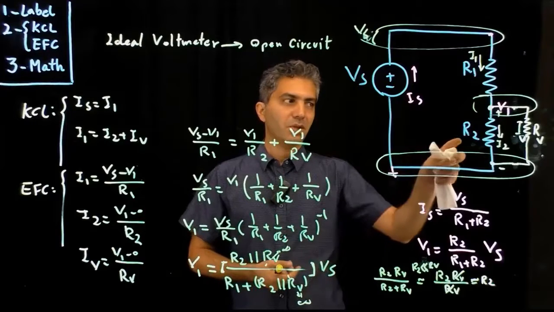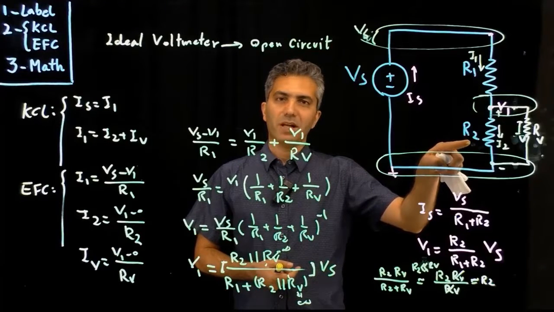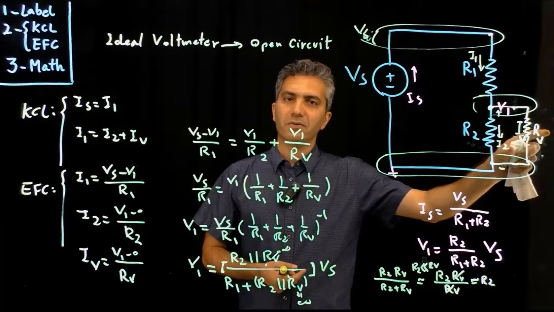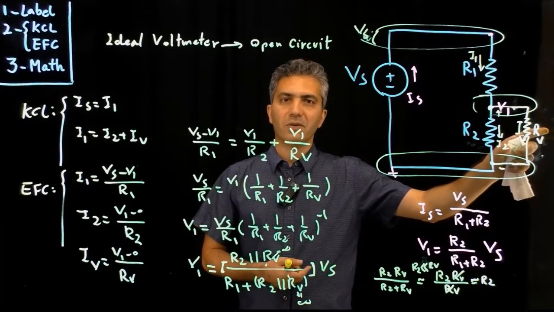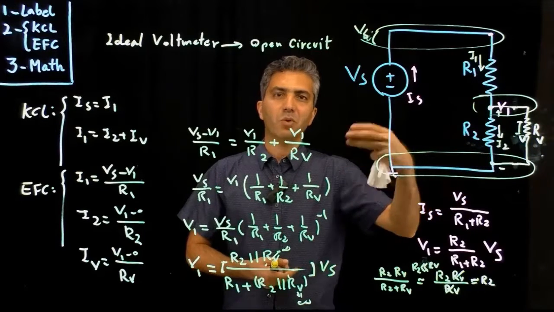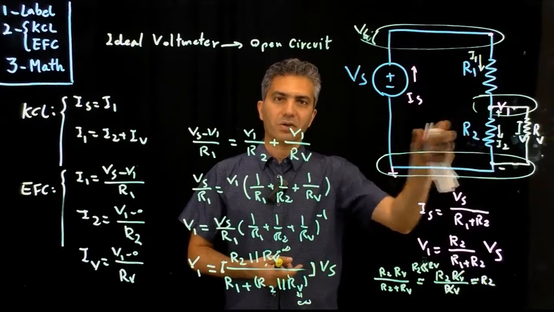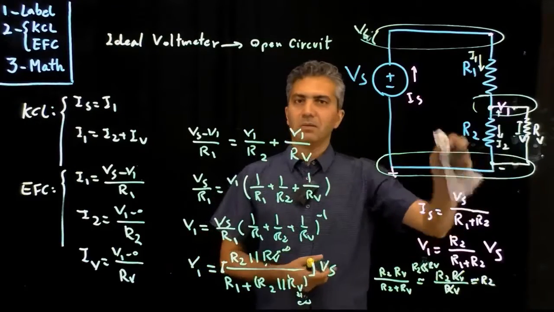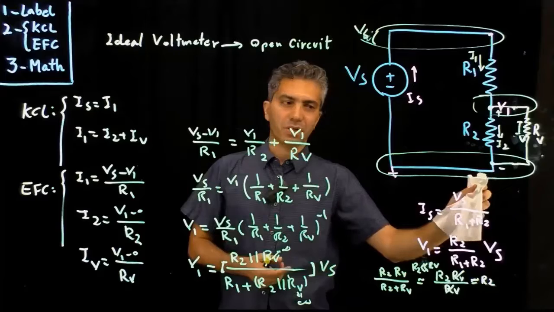In other words, measuring small values of resistors, given a constant value of internal resistance of the voltmeter, is more accurate than measuring larger values of R2 when it comes to measuring the voltage.